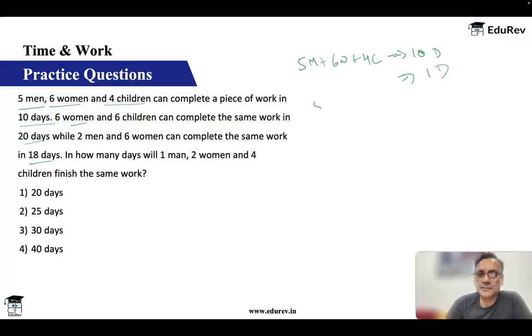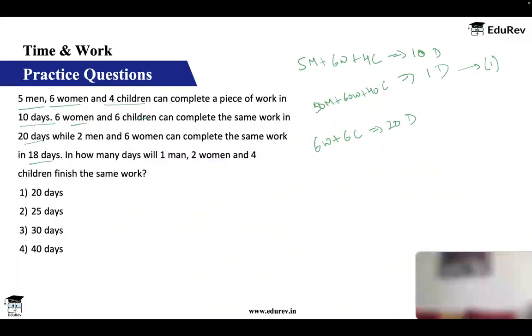So I have 50 men plus 60 women plus 40 children. They can finish the work in one day. So this is my equation 1. Let's look at the second case. I have 6 women plus 6 children finishing the same work in 20 days.